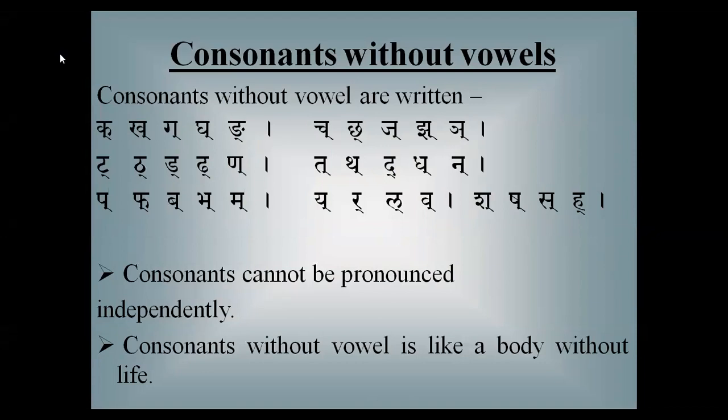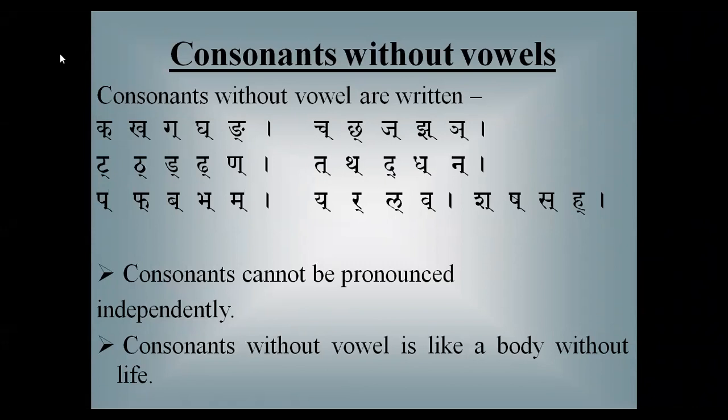So these are the consonants without the vowels. Consonants without vowels are written with a stroke at the bottom, and that stroke is called nether stroke. So this is how all the consonants look. As I said, consonants without vowels are like a body without life. So they are lifeless. Unless you add the vowel to the consonant, consonants cannot be pronounced.